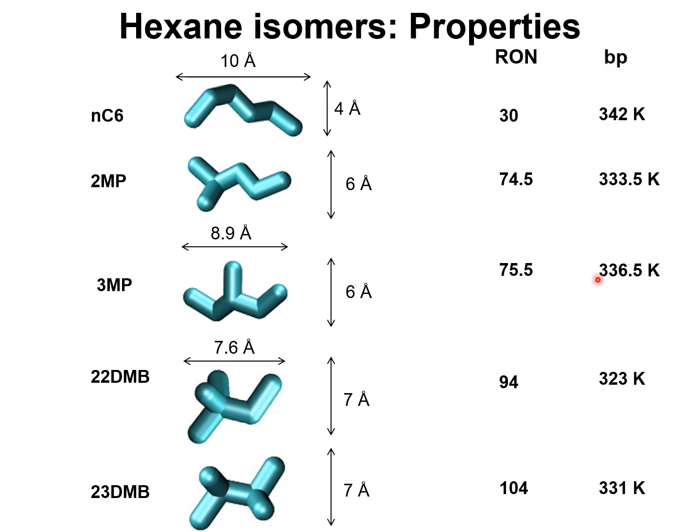The boiling points of the hexane isomers are tabulated here. We see that the normal hexane molecule has the highest boiling point, and it is possible to separate the normal hexane from the branched isomers by distillation.